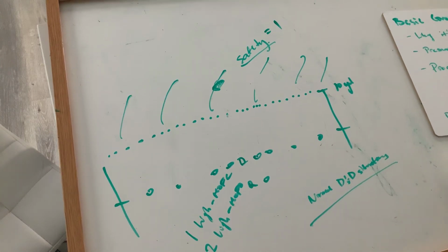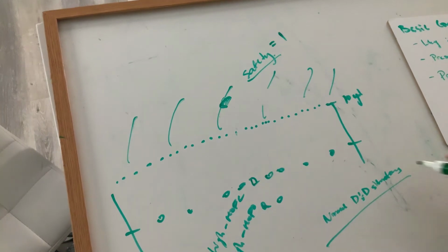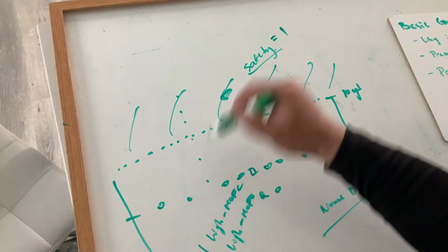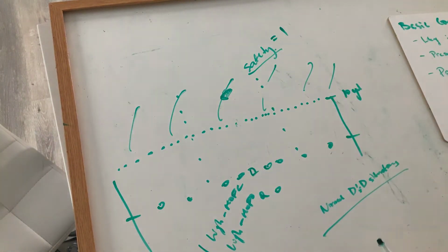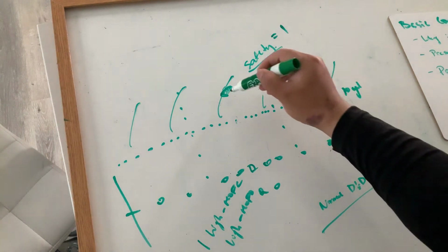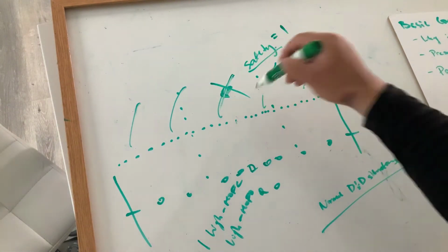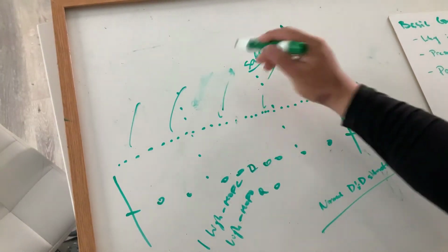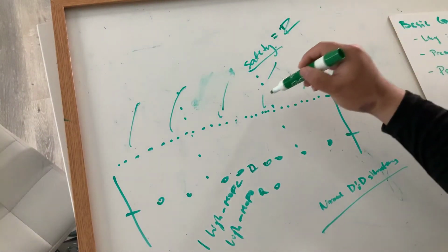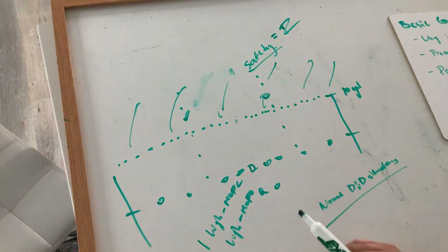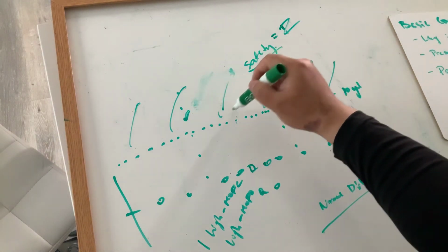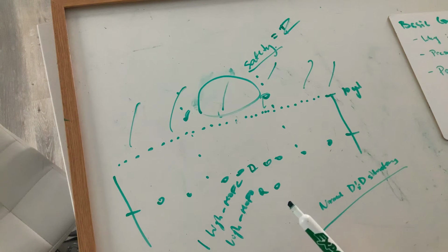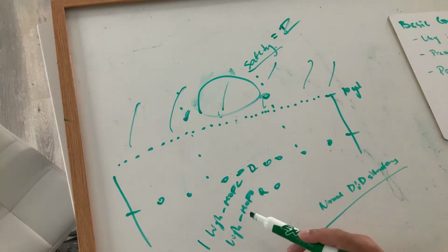So what does that look like? Theoretically, this is the middle of the field. If there's a guy sitting in the middle of the field, now it's closed. Conversely, if we have two safeties, I've got a guy here and a guy here, the middle of the field is technically open. That's why they call it middle of the field open, middle of the field closed.